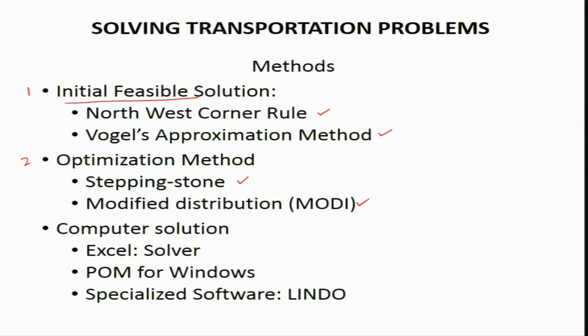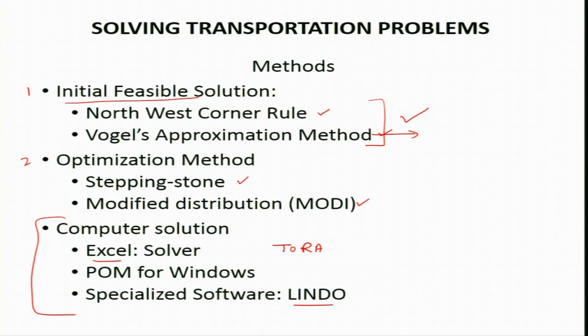Now, good softwares are also available to solve the problems, for example the Tora software, which is very good. There is POM for Windows, and specialized software like Lindo is also available. We can use Excel also to solve transportation problems. But today in this particular session, I am going to demonstrate these two techniques of finding the initial feasible solution, and in that also Vogel's approximation method gives a very good solution which is as good as the optimal solution.